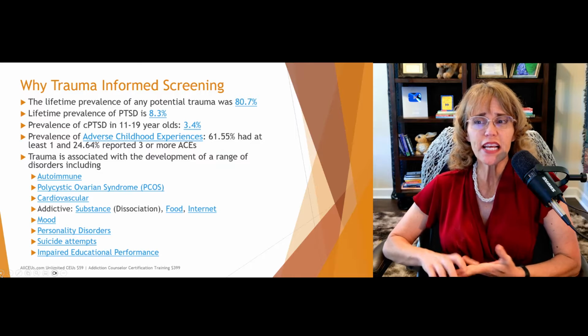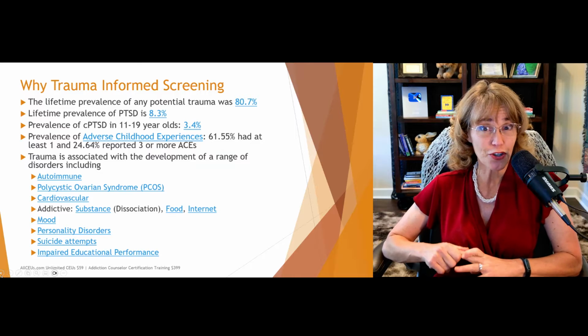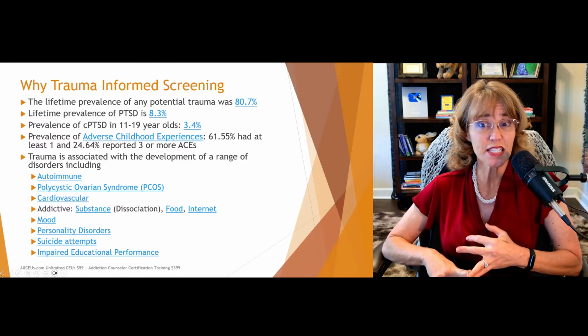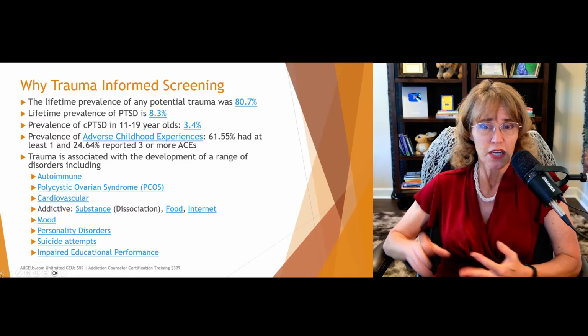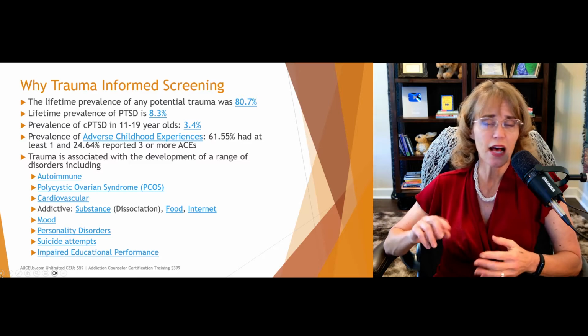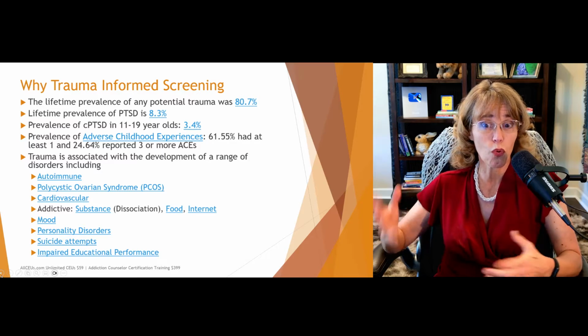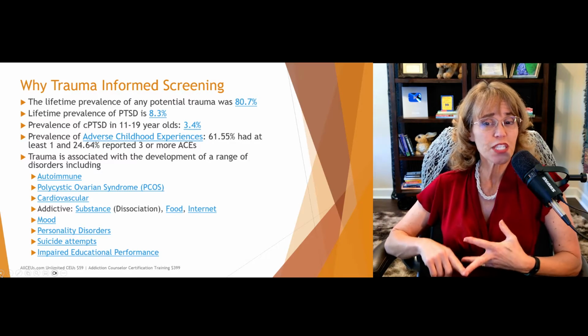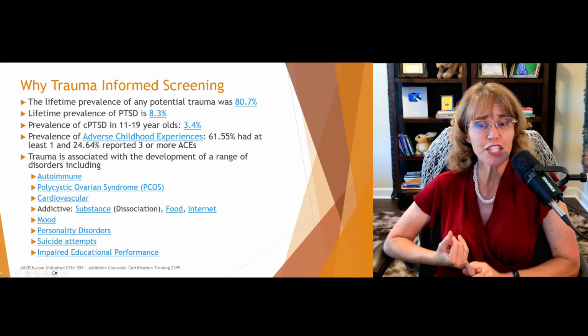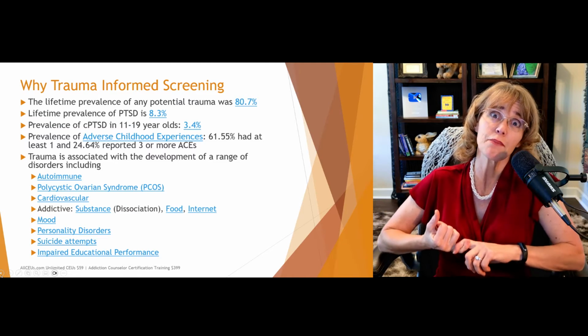Trauma is associated with the development of a range of disorders, including autoimmune disorders, polycystic ovarian syndrome, gonadal hormones, cardiovascular diseases, addictions to substances or behaviors, mood disorders, personality disorders, suicide attempts, and impaired educational performance, to name a few.